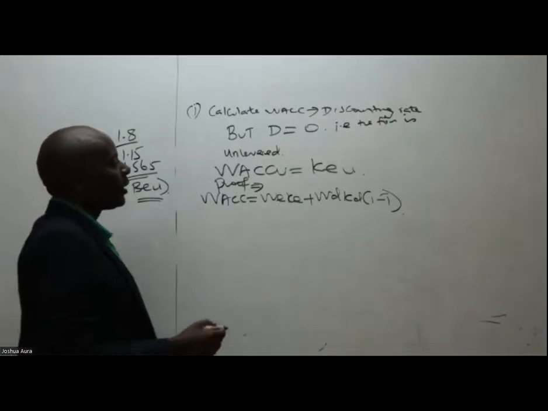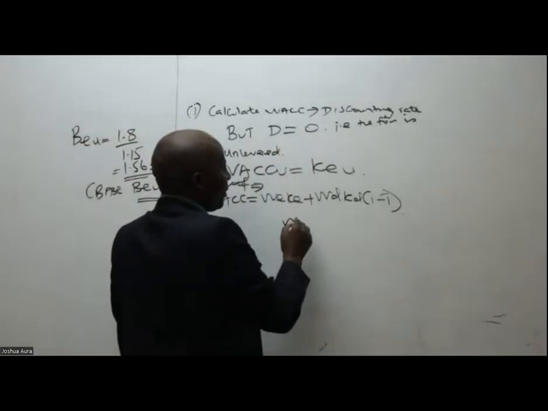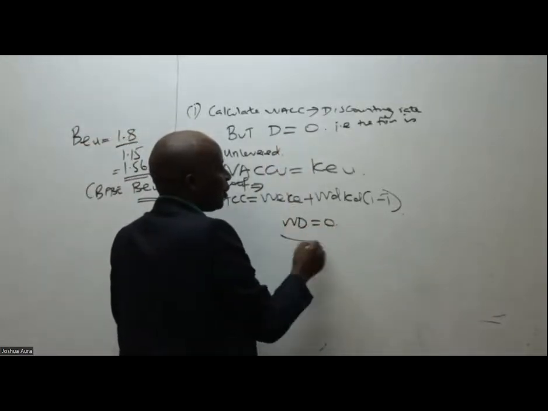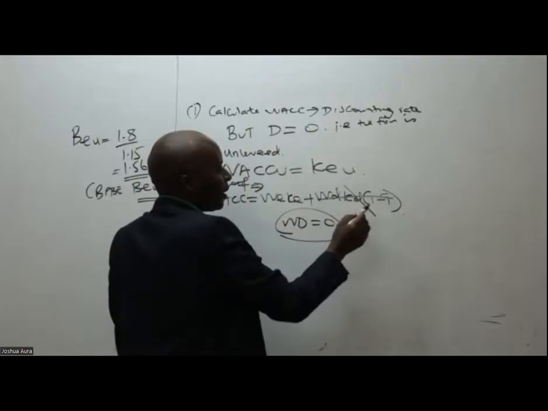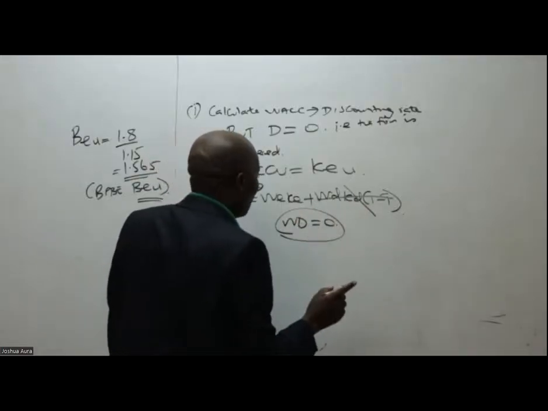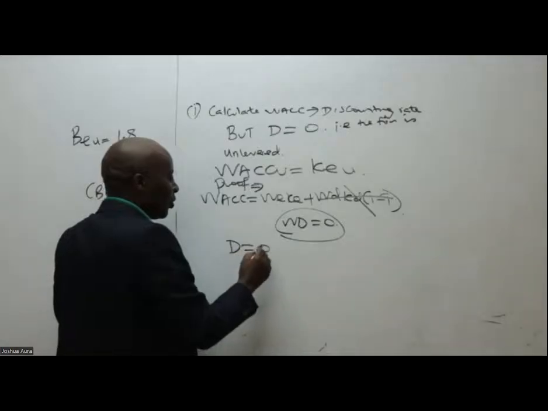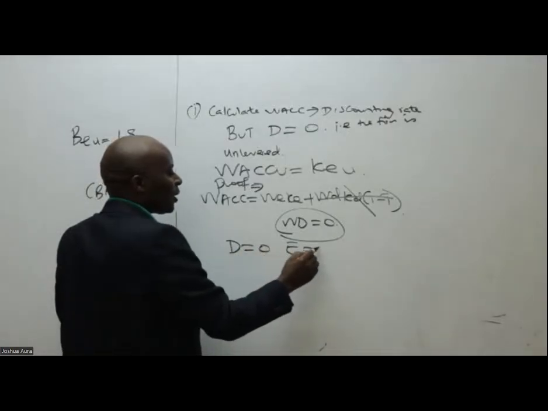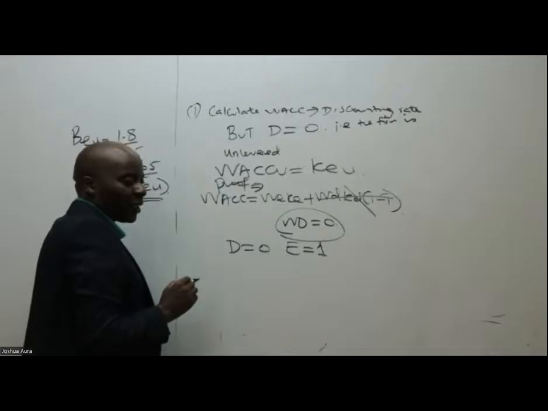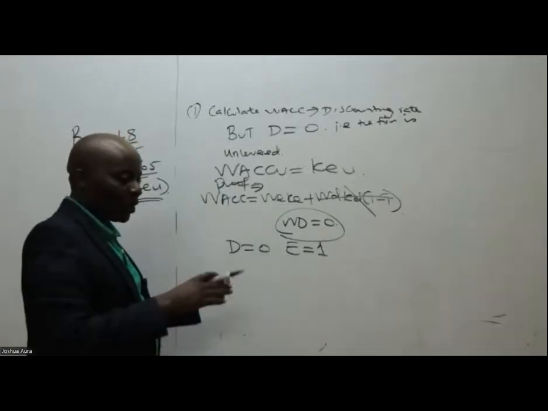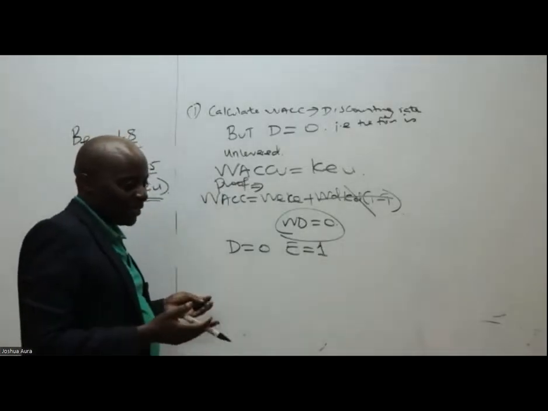So remember that if debt is 0, then automatically weight of debt will be 0. And if weight of debt is 0, this kills everything there. And then the other thing you're supposed to know is that if debt is 0, then equity automatically will be 1, because the two must always add up to 100%.